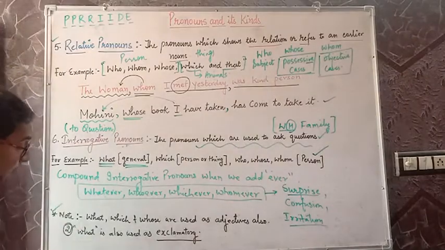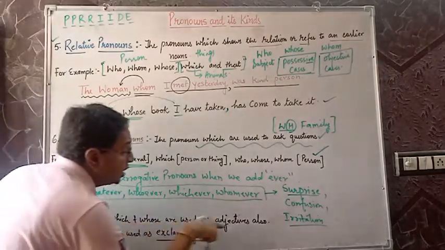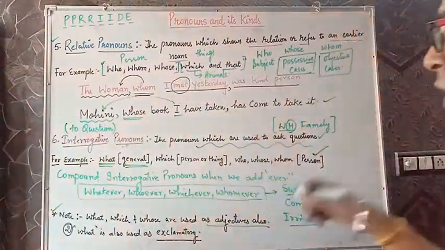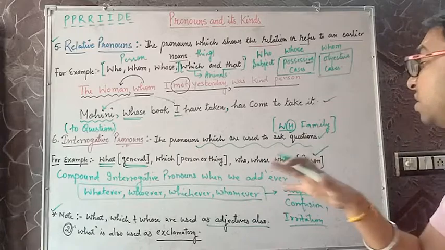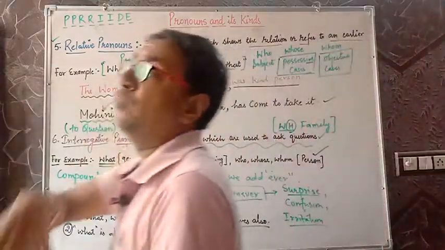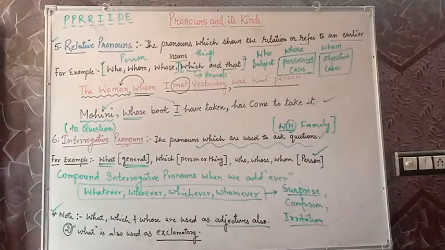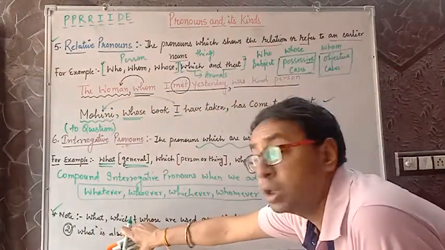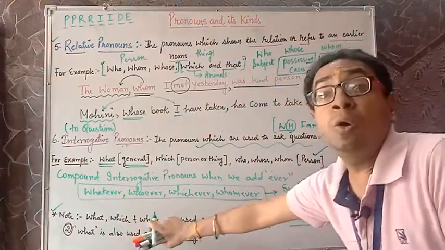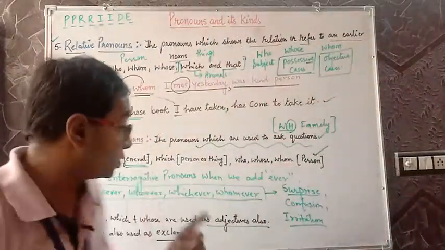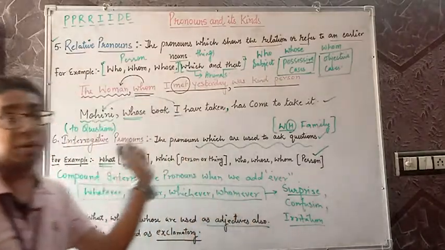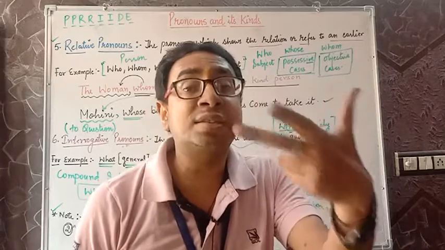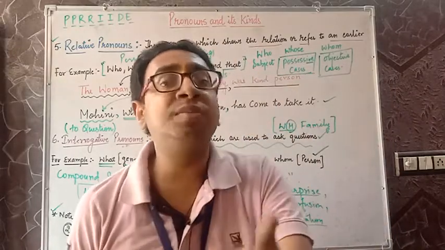Next important, what, which, whose are used as adjectives too. If I talk about what, which and whose, they are used as adjectives, meaning they come before a noun. For example, what book you are talking about, which book, whose book. These are adjectives because they come before a noun.